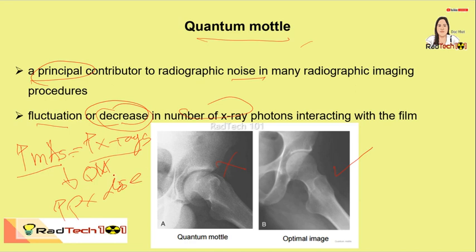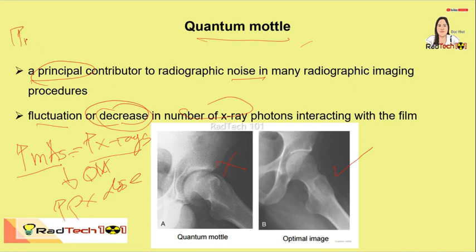So again, dito ulit papasok yung compromise, yung decision making, kung alin yung mas importante, yung image quality or yung patient dose. So if an image is produced with just few X-rays, kapag konti lang yung X-rays, so mas mataas ang quantum mottle. Okay? So inversely related sila.